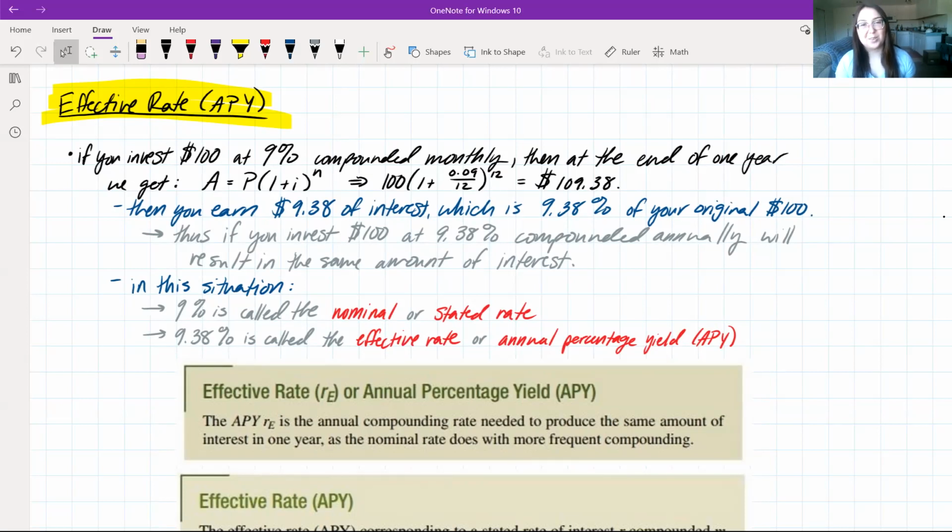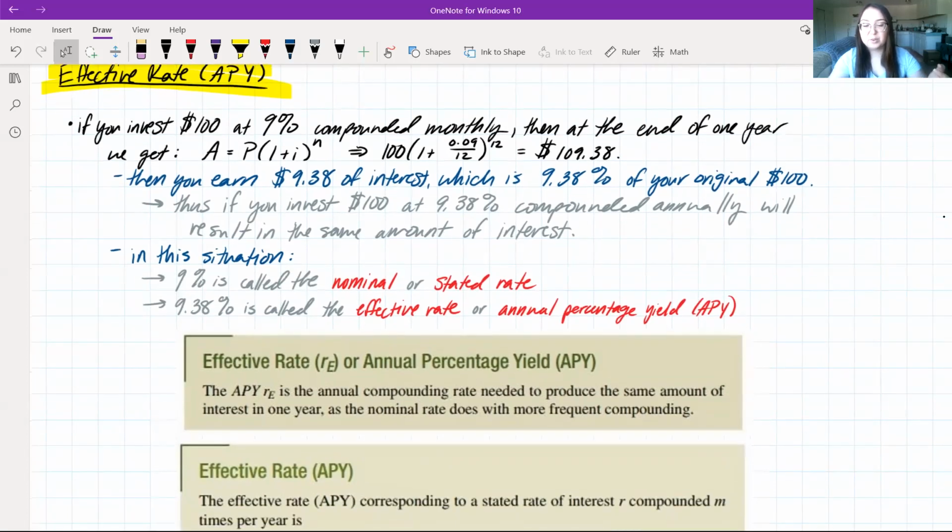These interest rates are called different things. Your first interest rate that you will use with a compound equation would be your nominal or stated rate, and then your 9.38%, or whatever percentage you found later, that would have been your simple interest to get the same value. That would be your effective rate or your annual percentage yield, which is called your APY.